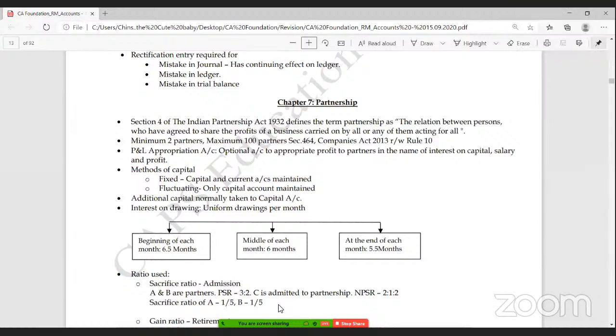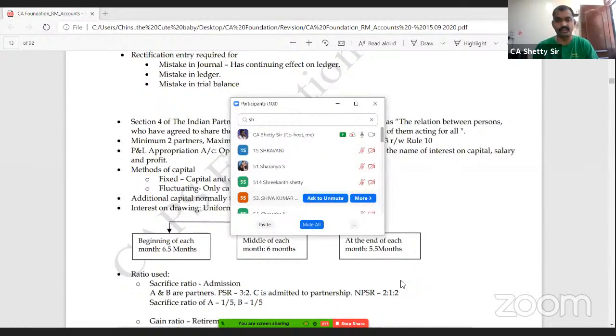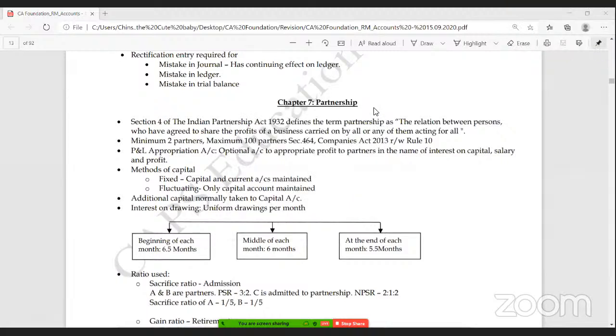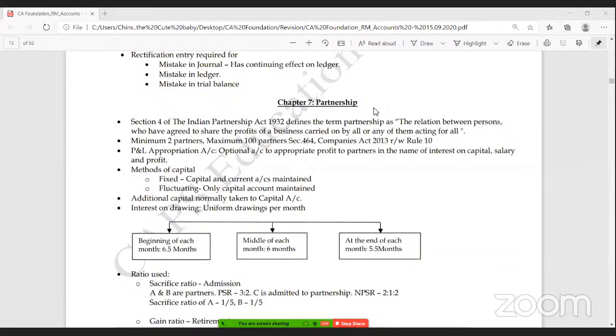Type it there. All of you mute yourself. So what is the last one? What is the last sentence? CA foundation syllabus.